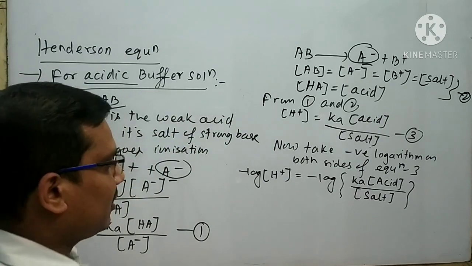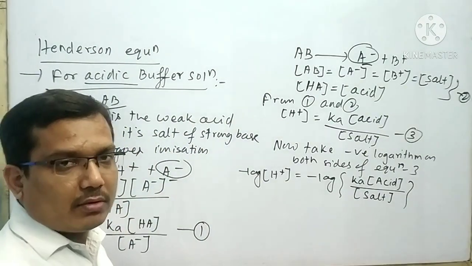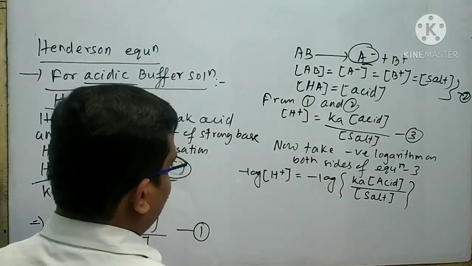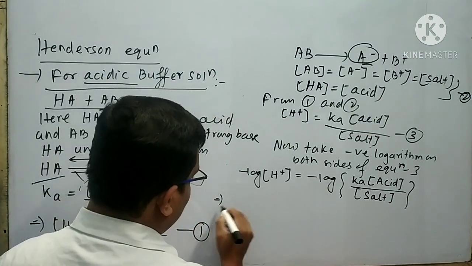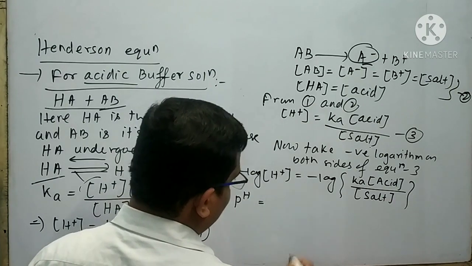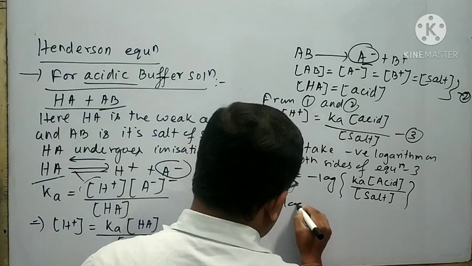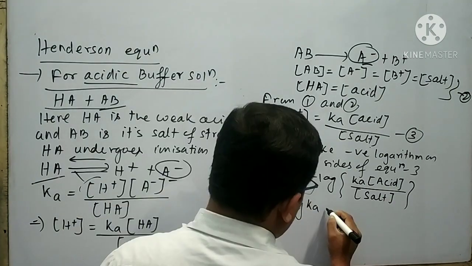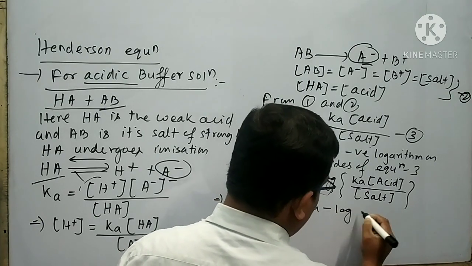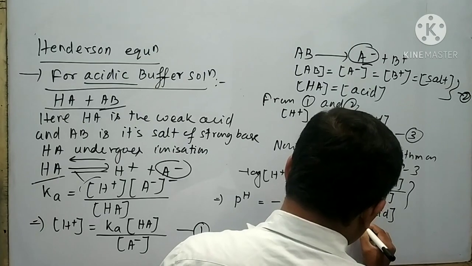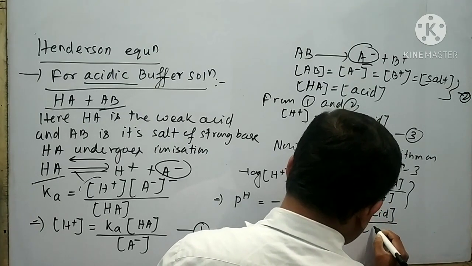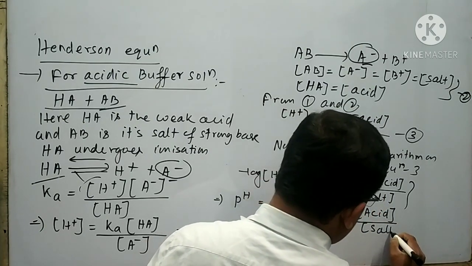We know that pH equal to minus log of H plus ion concentration. So here I can write pH equal to minus log of K minus log of concentration of acid divided by concentration of salt.